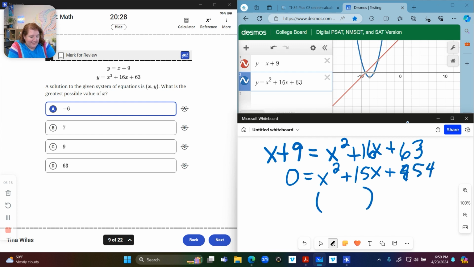Then I need to factor this. What multiplies to be 54 and adds to be 15 would be (x plus 9)(x plus 6). So that means x equals -9 or -6. So again, you get the same answers. It's just which way you are more comfortable solving it.